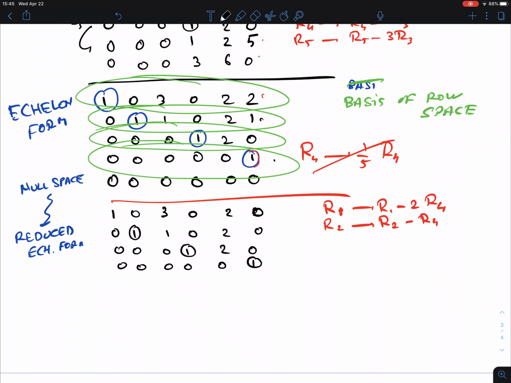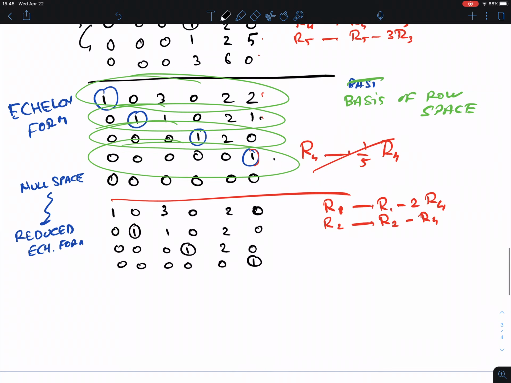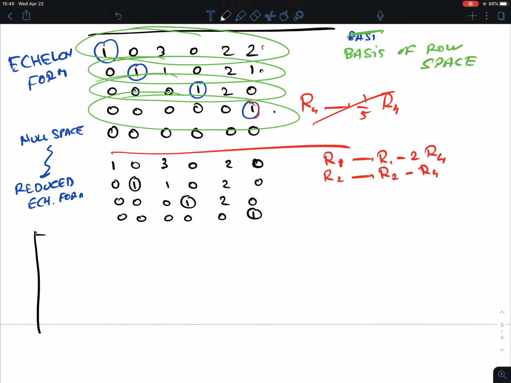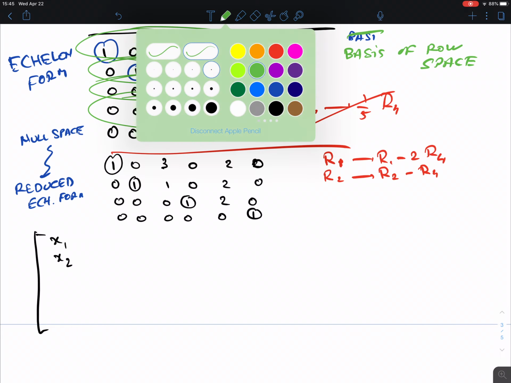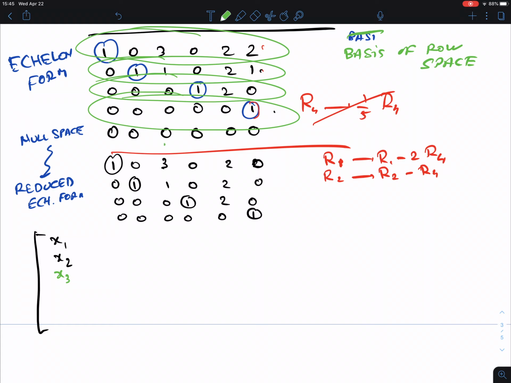So now, what this means is, remember, we have the pivot variables, so we have now 4 of them. So you have x1, that's a pivot variable, x2 is a pivot variable. Then the free variable, I'll use different colors, is x3. This is a free variable, and also x5. Then we have x4 and x6. These are my pivot variables, and so I'm going to have to write them in terms of the free variables, so x1 first. x1 is, we have to bring these two guys to the other side, that is minus 3 times x3 minus 2 times x5.